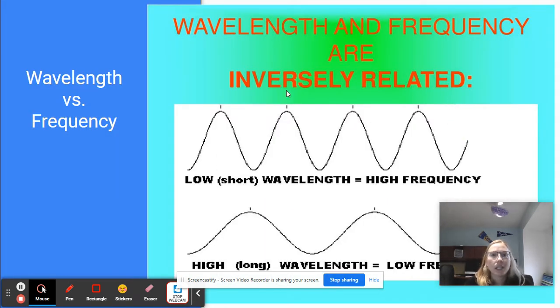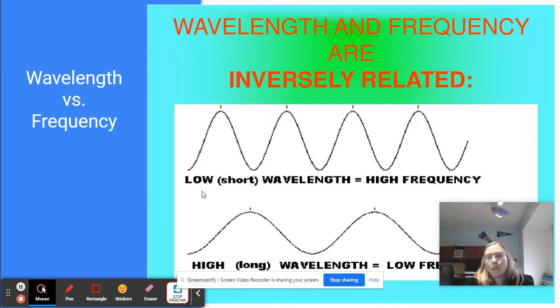Here's a little hint. If you have a short wavelength, you tend to have higher frequency. So notice that it's a little bit opposite, and that's called inverse or inversely related. So if you have a really long wavelength, that usually means that it's a lower frequency.